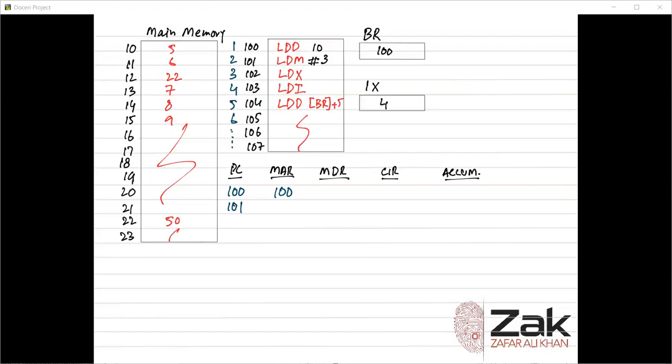MAR puts this address over the address bus. Address bus then goes to the memory and points to address 100. From address 100, the instruction LDD 10 will be placed over the data bus, and the data bus will deliver that LDD 10 to MDR.